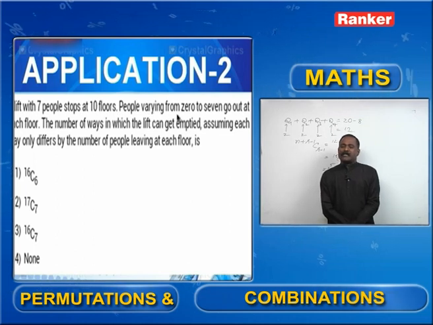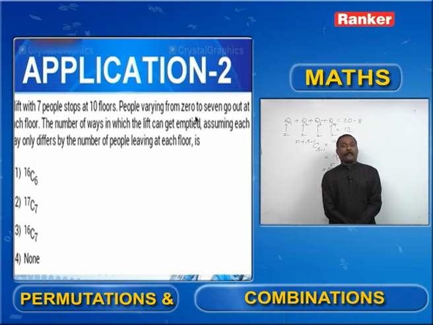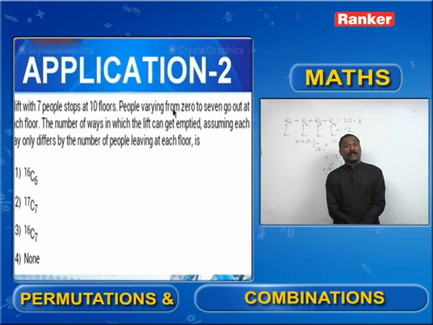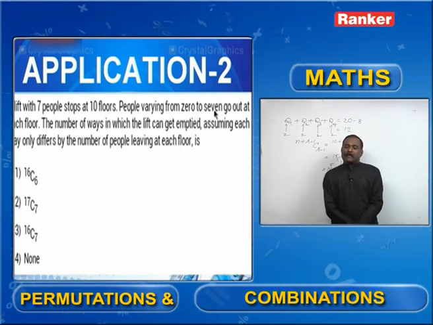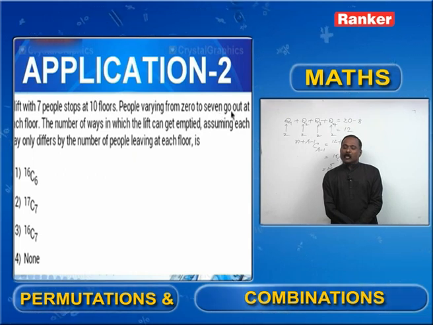People varying from 0 to 7 go out at each floor. People varying from 0 to 7 means non-negative integral solution, 0 is also included.